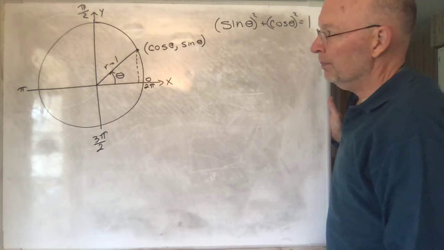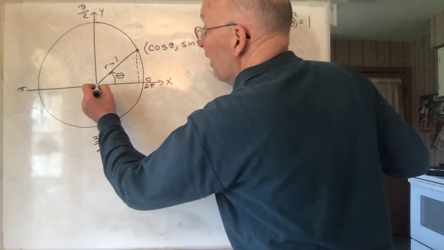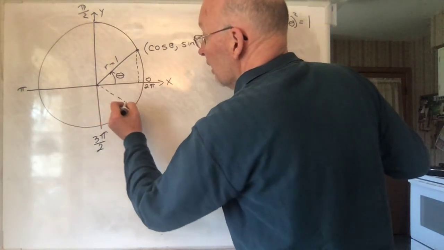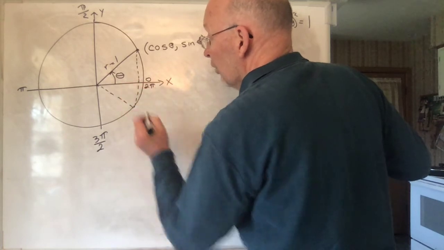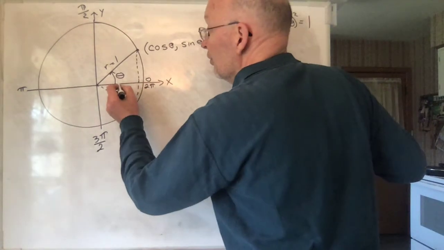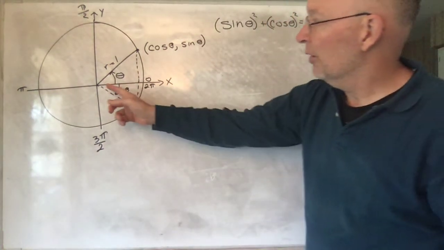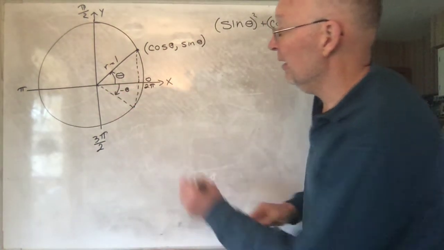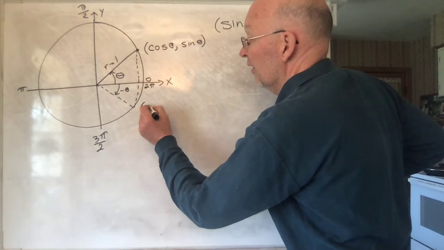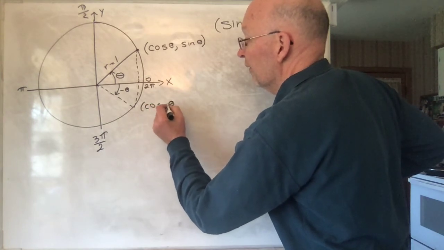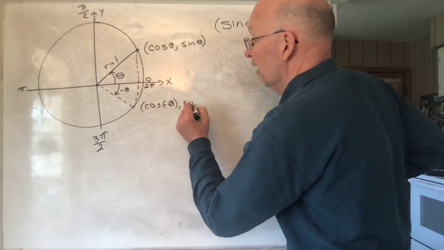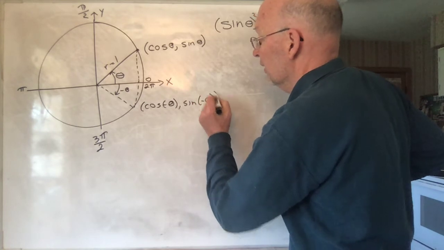Notice that if I were to draw the negative of theta right here, and draw that down, it's not a very good circle, negative theta. Then this is the cosine of negative theta, sine of negative theta.